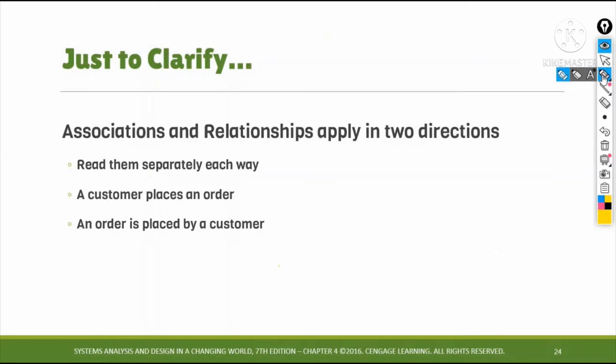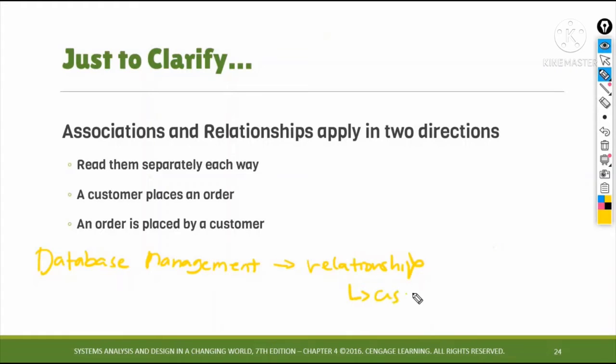In database management, the term relationship is often used in place of association, which is the term used when modeling in UML. So in this lesson, we use the term association because it emphasizes UML diagrams and terms.